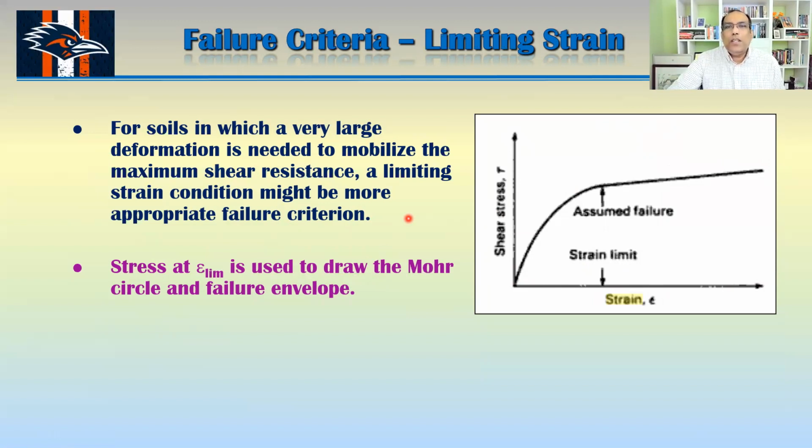So in that situation, we just take a criterion that, hey, we'll take the strain at, let's say, 3% or 5% strain. That's the limiting strain, and then I would just ask, hey, what is the strength at that time? Okay, that's basically your limiting strain.